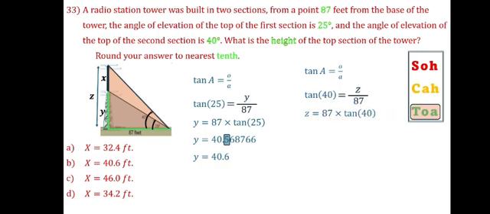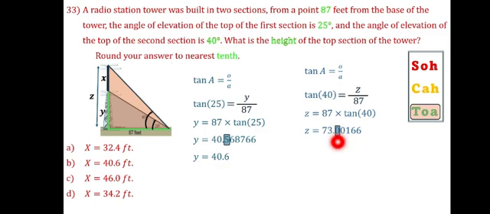Now, by using a calculator, I got the value of z, which is 73.00166, but we have to round the answer to the nearest tenth. Tenth means the first place after the point, but look forward to the next place, which is 0, and 0 is less than 5.